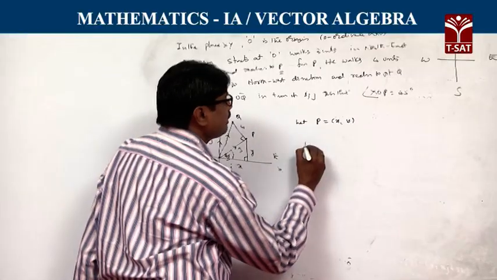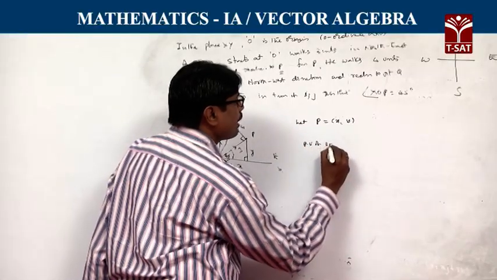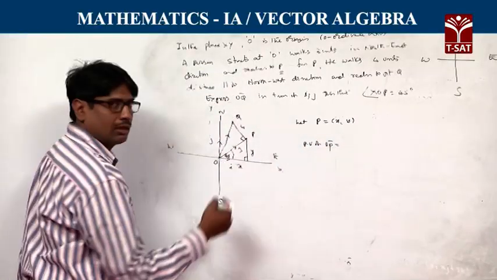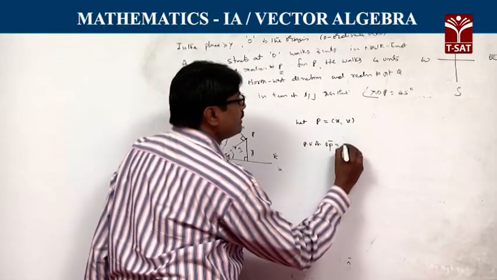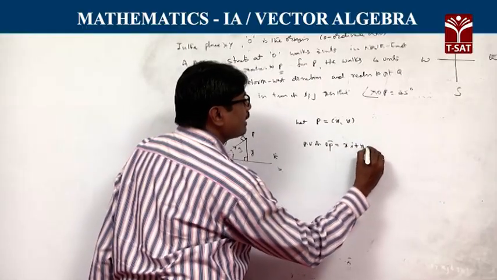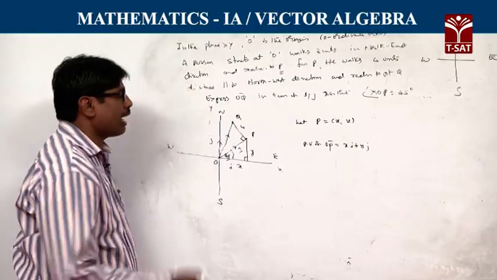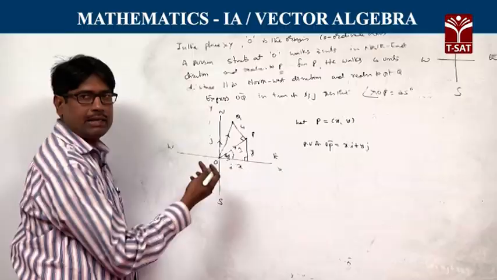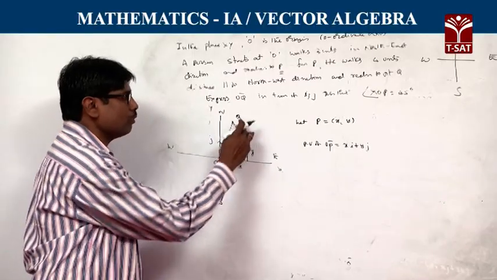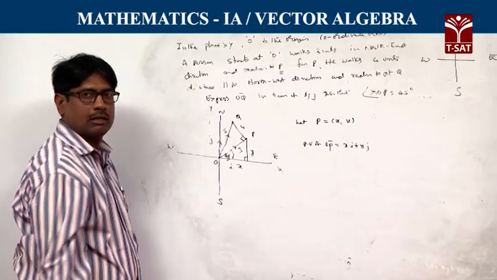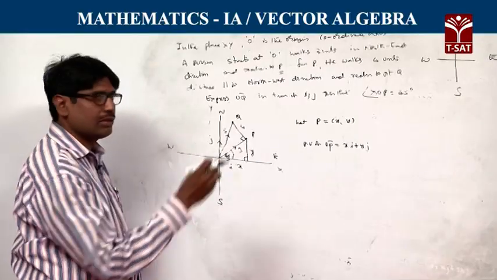So the position vector OP bar is equal to x times i bar plus y times j bar. Calculate the x value and y value. As it is a right angle triangle, applying the Pythagoras theorem with 3 and 4, this will be 5. The length of OQ bar will be 5.